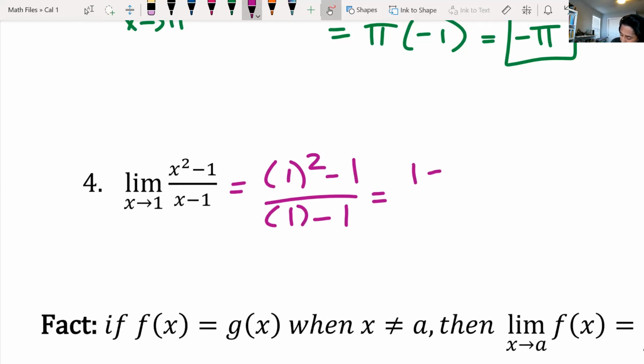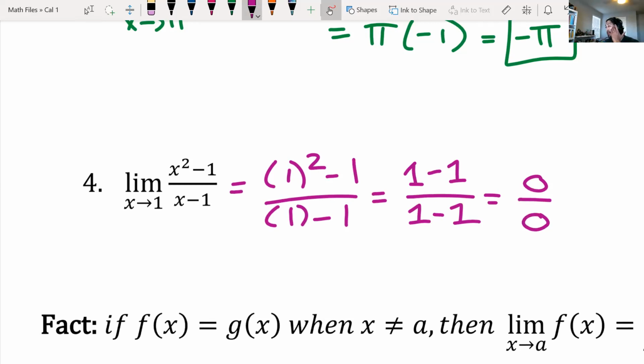You're going to get 0 over 0, which is called an indeterminate form.